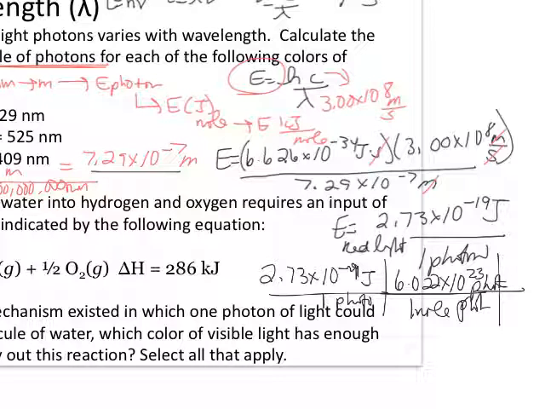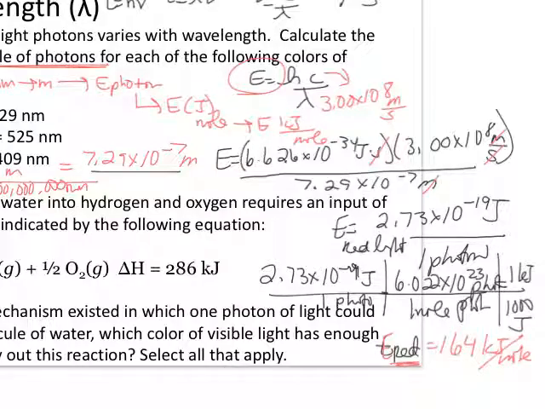And this is going to give you joules. We're going to go ahead and convert it to kilojoules. For 1,000 joules, you have 1 kilojoule. So the energy of the red light, we're going to put red here, energy equals 164 kilojoules per mole.